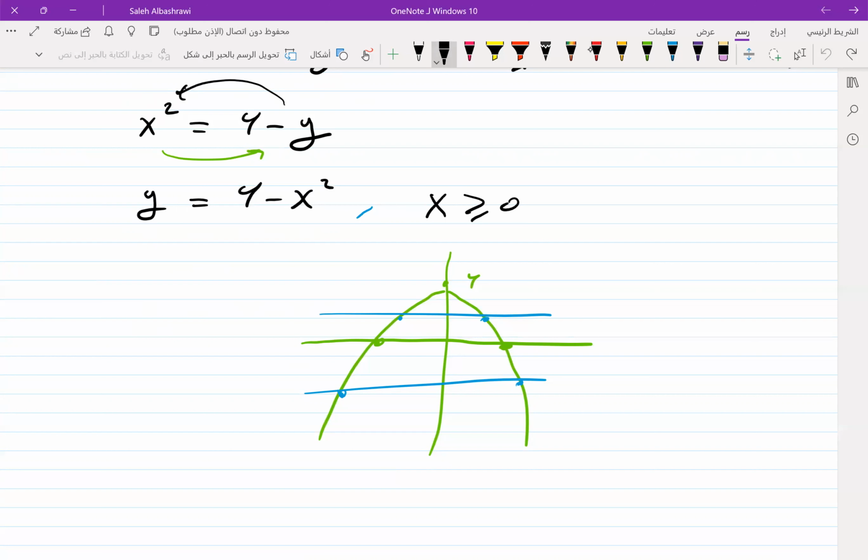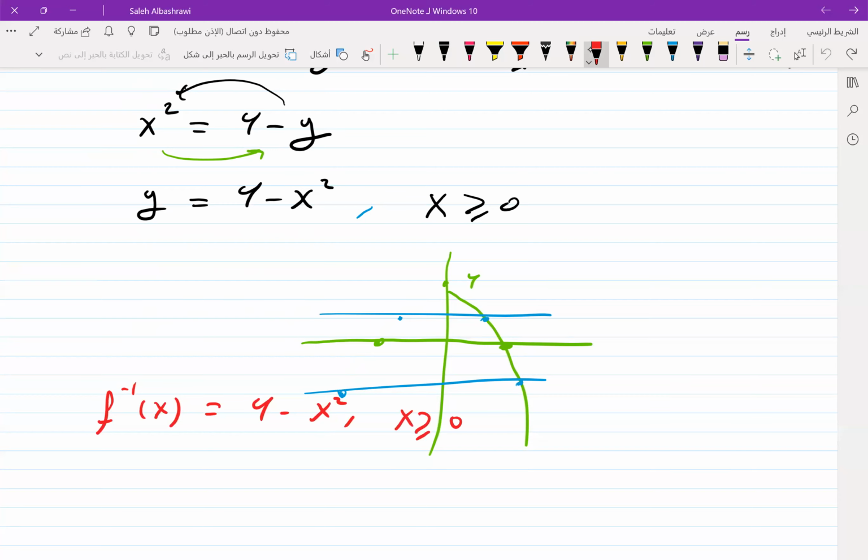We must satisfy this condition. It is this side. So the inverse function in this case is 4 minus x squared, with one condition that x must be greater than or equal to 0.